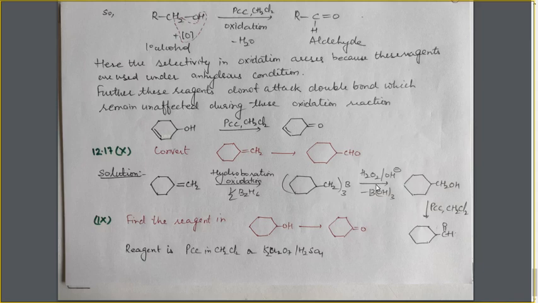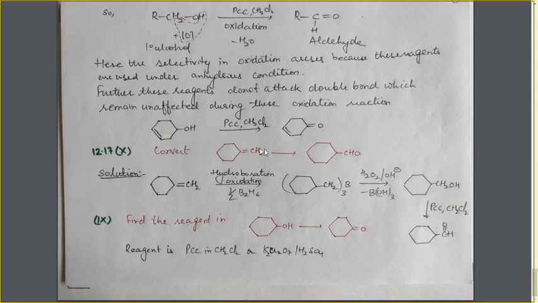In the next step, oxidation is carried out by hydrogen peroxide in basic medium. These three bonds will be broken, and we will get B(OH)3 and OH at this position in the compound. As it is a 1-degree alcohol, on treatment with PCC and CH2Cl2, it will be converted to an aldehyde.